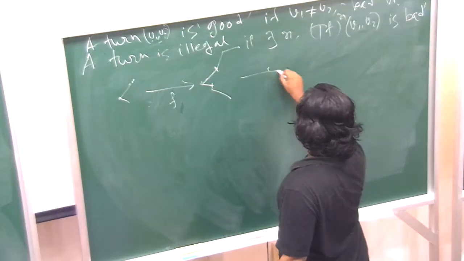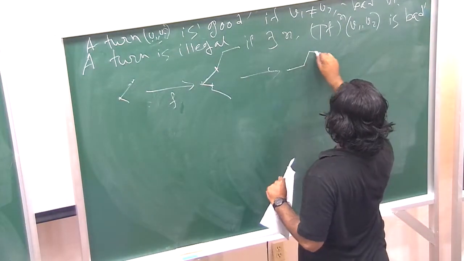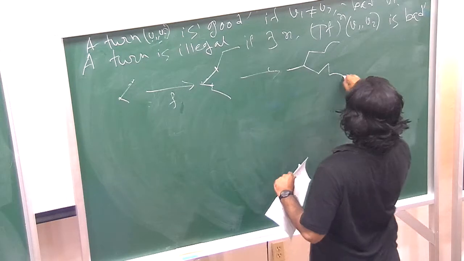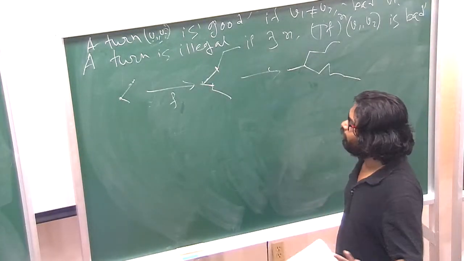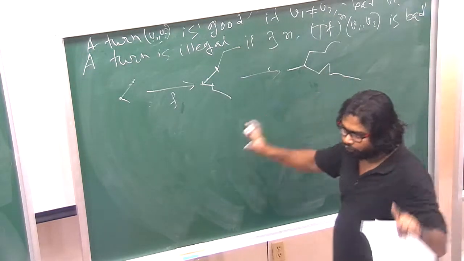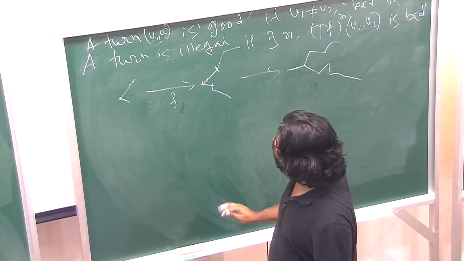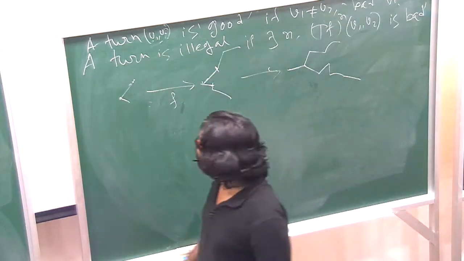But maybe in the second one, these two are going to concatenate. So that's a bad turn, right? That is the difference. If for all iterations my turns are good, then I'll call my turn legal, otherwise illegal.